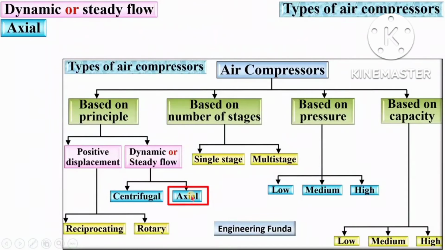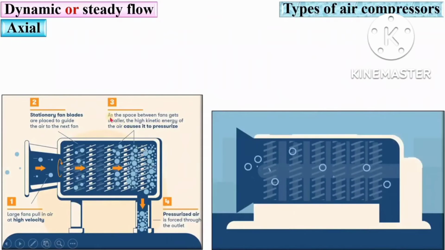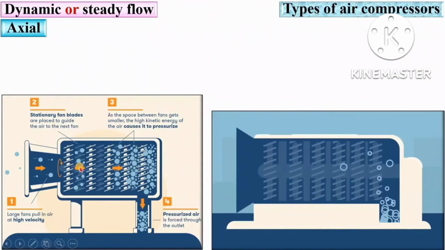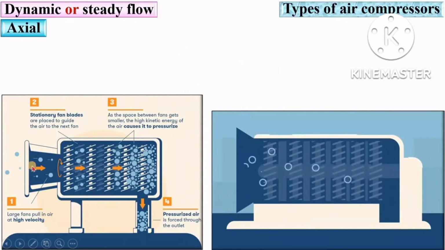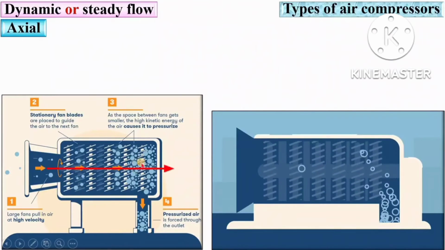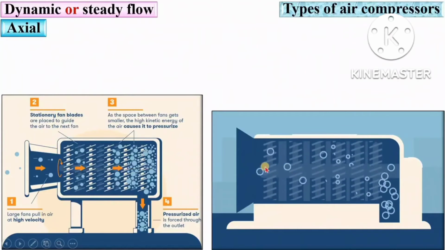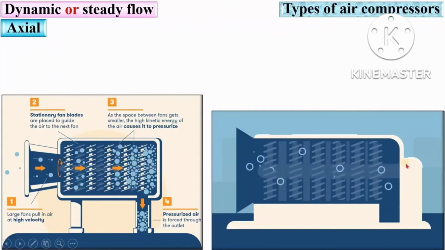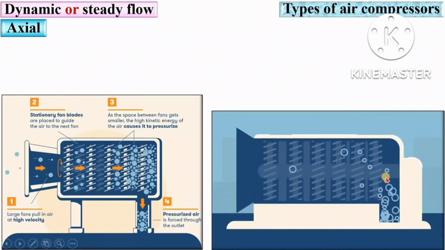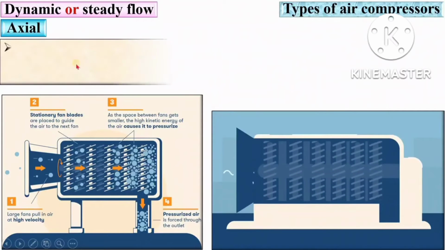Next, axial compressor. So here you can see the flow is in axial direction. That's why it is called an axial flow air compressor. Here you can see the air flows in the axis of the compressor.